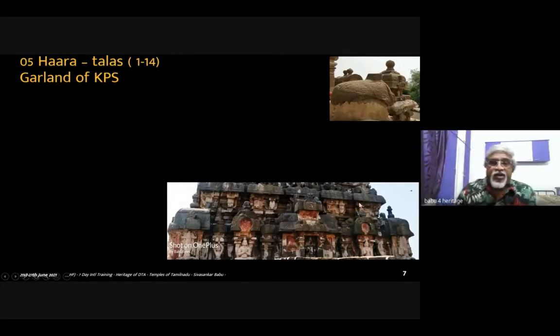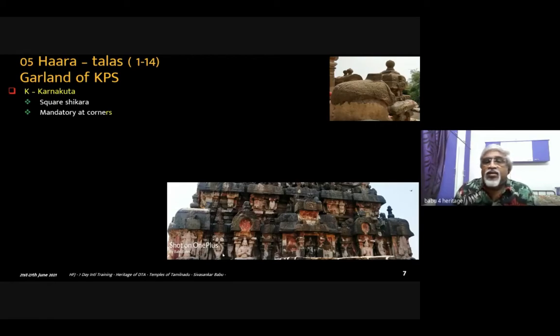Yeah, this is a temple plan of Darasuram temple, where they had done the arrangement in a different way. So this is the level on the first tala of the temple.